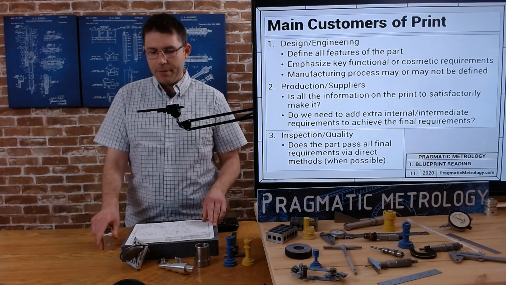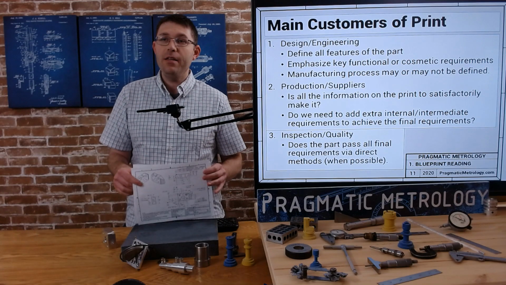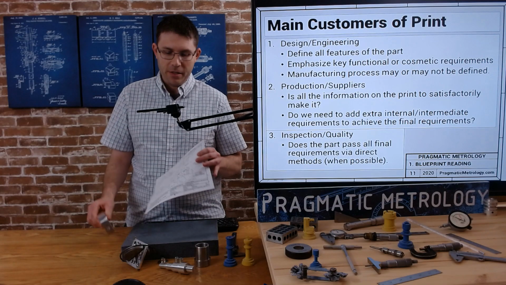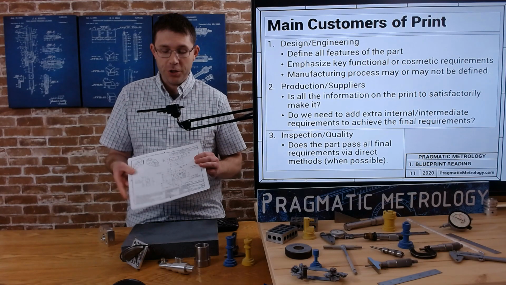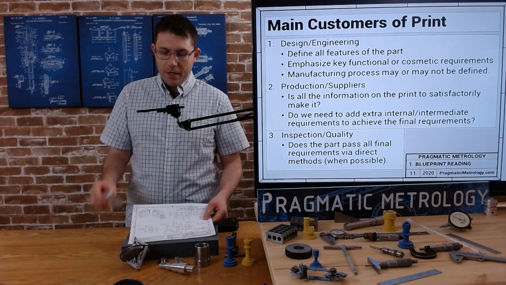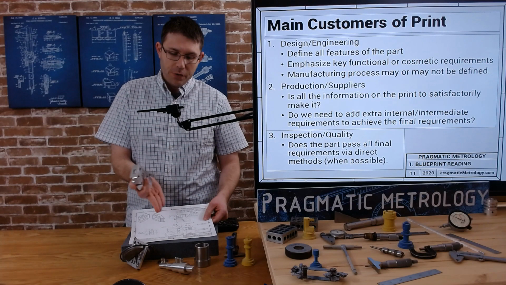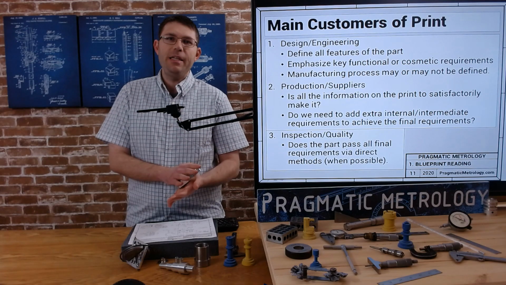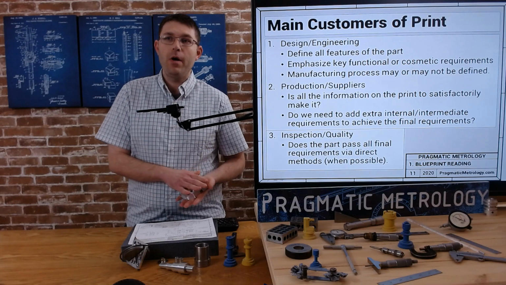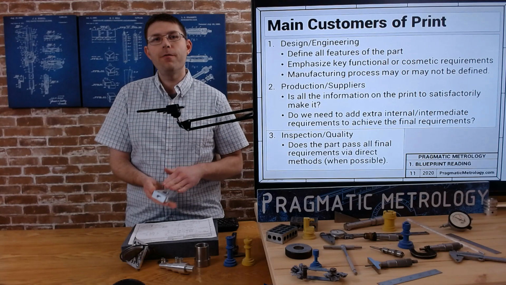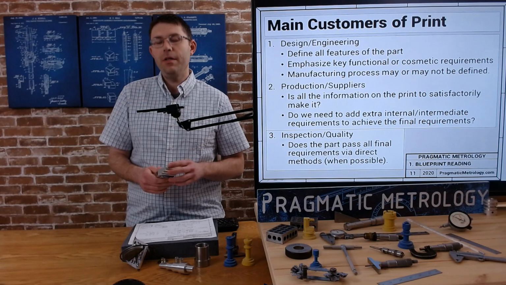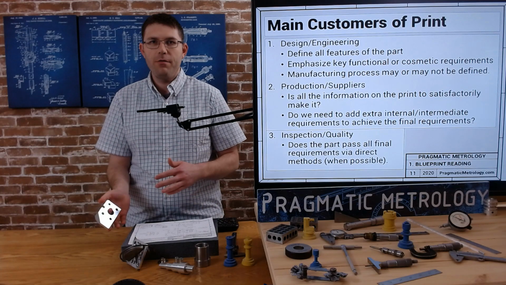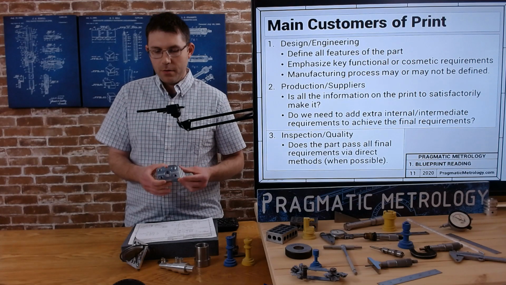So sometimes, there may not be some GD&T like flatness or parallelism on this print. I made this print fairly basic, didn't want to overload it with GD&T. But in order to achieve the other features, your operation 1 might say, look, we need to keep this flatter than the print requires in order to achieve operations 2, 3, and 4. So even though it's not on the print, sometimes it becomes a part of the work instructions or the job traveler. So that's what production is going to look at.